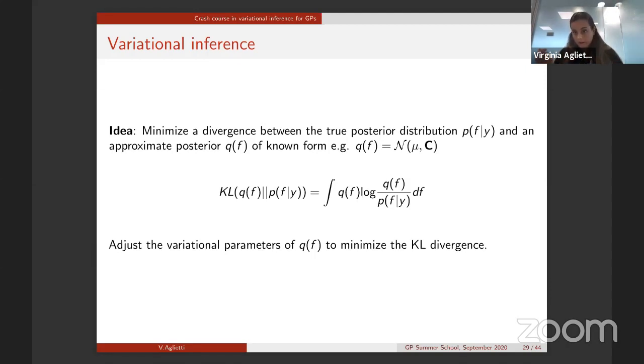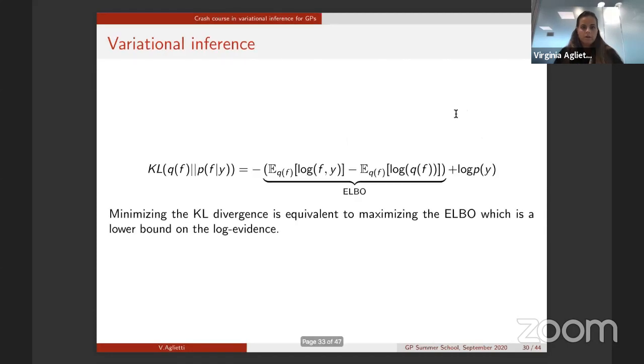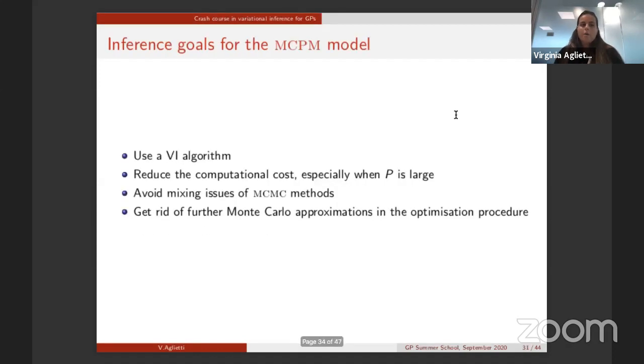For instance, it could be a Gaussian with some variational parameters mu and C. So what we want to do is adjust the variational parameters of this distribution to minimize the KL divergence, which is given in this expression here. Right, so it can be shown that minimizing the KL divergence is equivalent to maximizing the evidence lower bound, which is a lower bound on the log evidence.